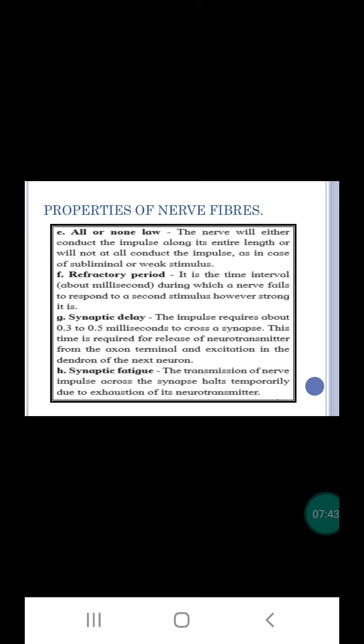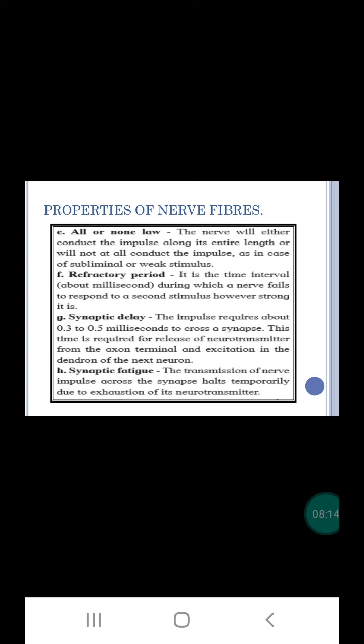It means the impulse requires about 0.3 to 0.5 milliseconds to cross a synapse, and this is the time required for release of neurotransmitter from the axon terminal and excitation in the dendrite of the next neuron. So this is the synaptic delay. Only 0.3 to 0.5 milliseconds are required to cross a synapse.